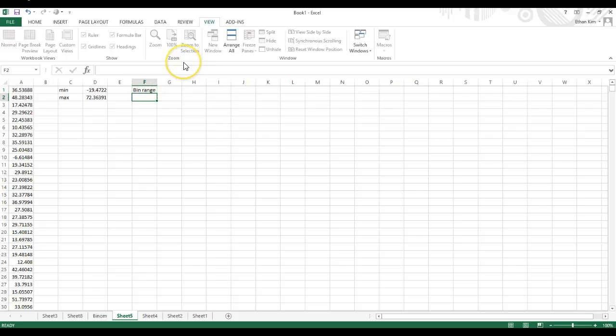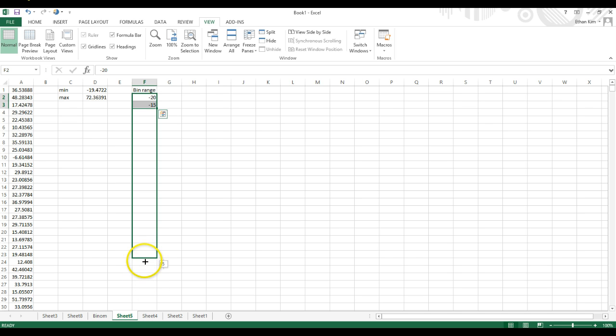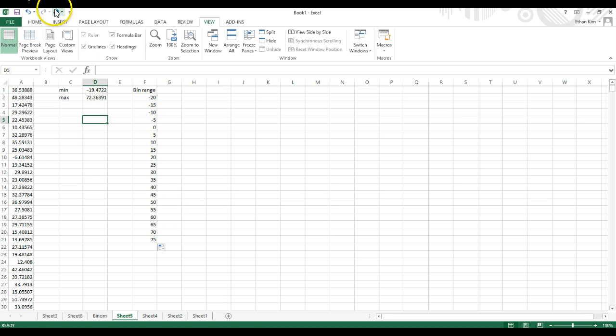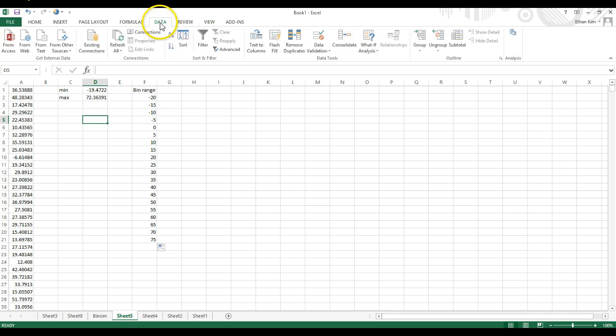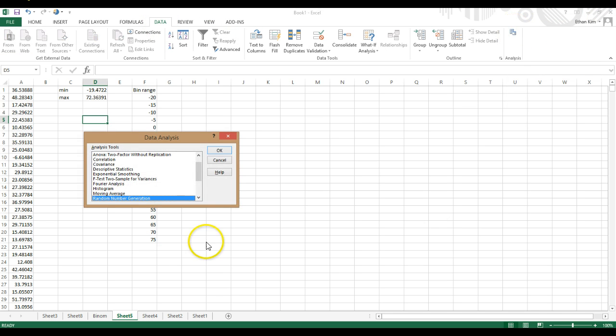And it's going to be from negative 20, negative 10. Or we can do it smaller, because this is not what we're doing, right? You just drag it down to, I would say, 75. Okay, so this is a bin range, and we're going to create a histogram. So go to Data, and the Data Analysis ToolPak.